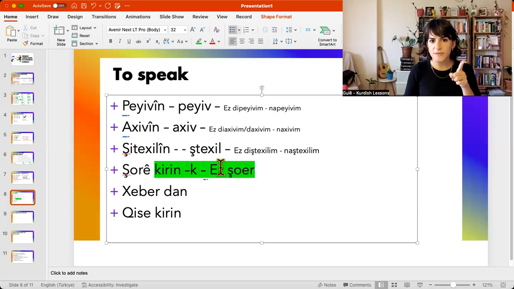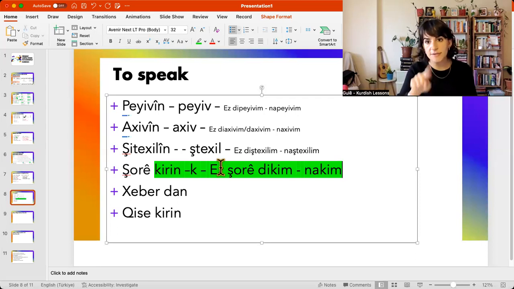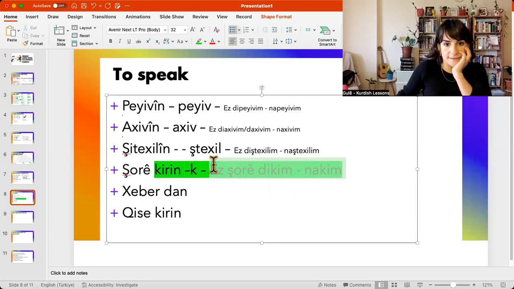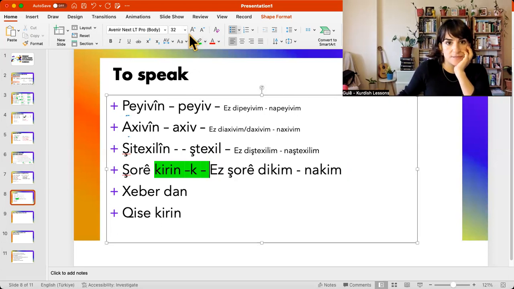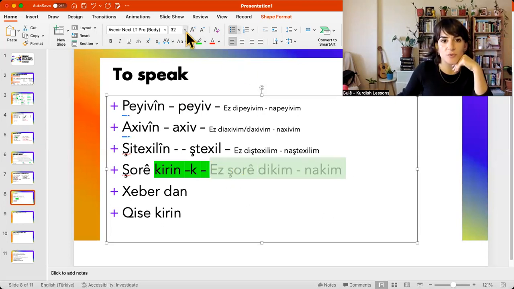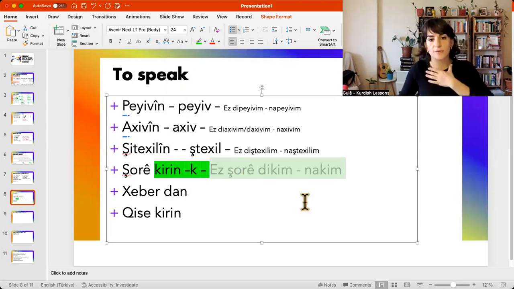I think this form is used in Afrin and around, "as shoredikum" or "shorenakum." To shorediki, to shorenaki, o shorediki, o shorenake, am hun o shoredikin, am hun o shorenakin.